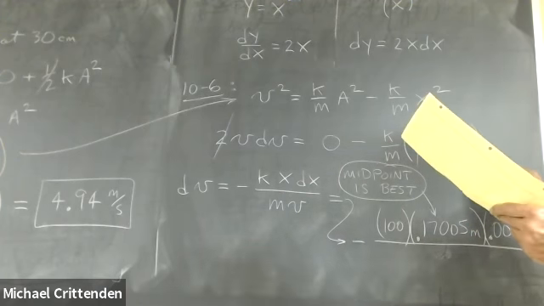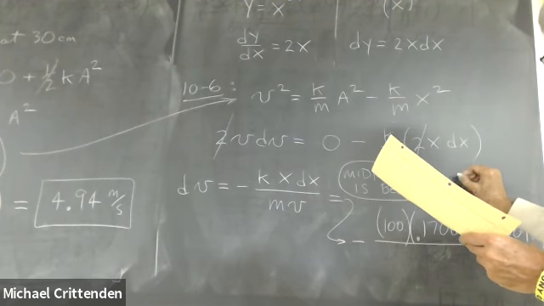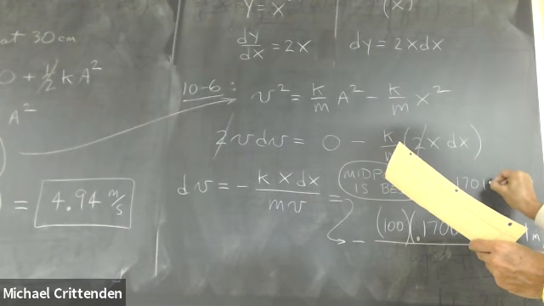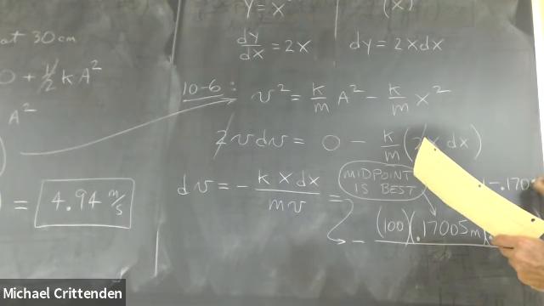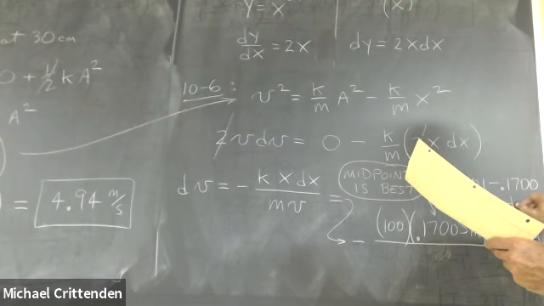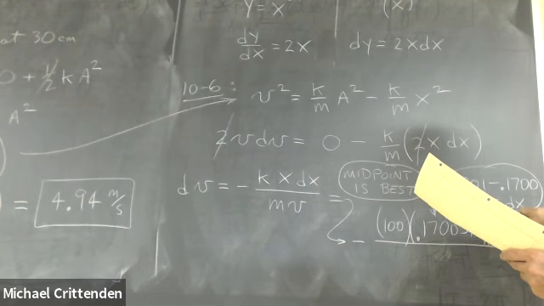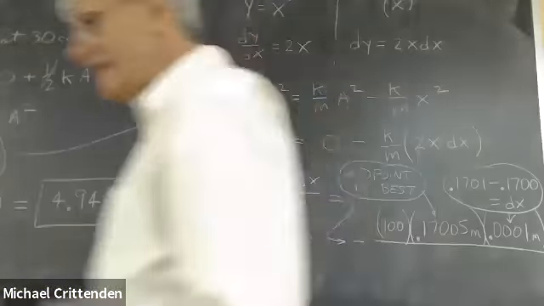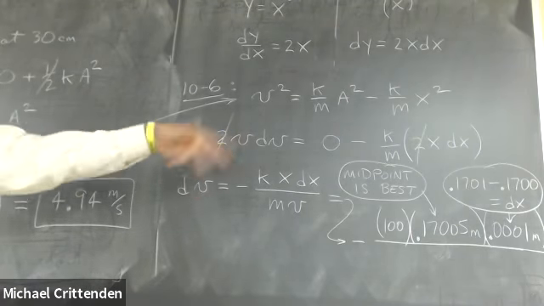I should write down where I got that from. 0.1701 minus 0.1700. dx, the difference in x, is you subtract them.